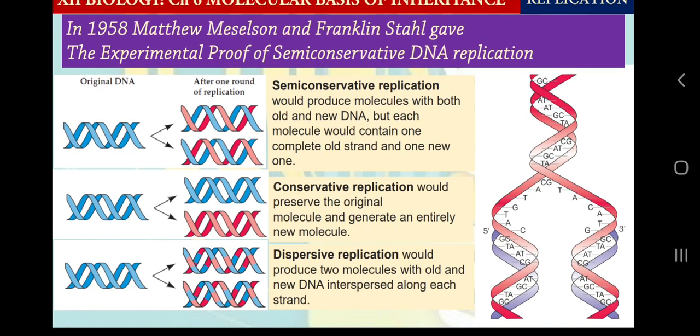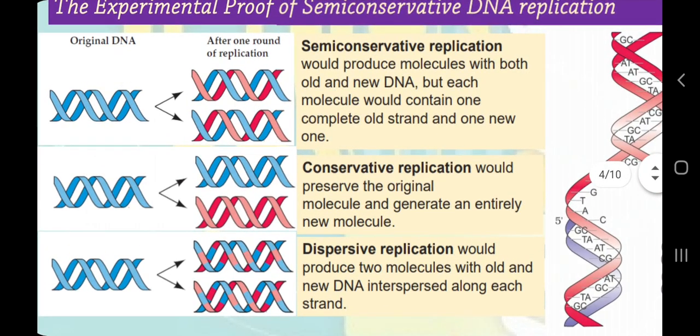replication. Here is a brief summary: three types of mode of DNA replication were possible: semi-conservative, conservative and dispersive.